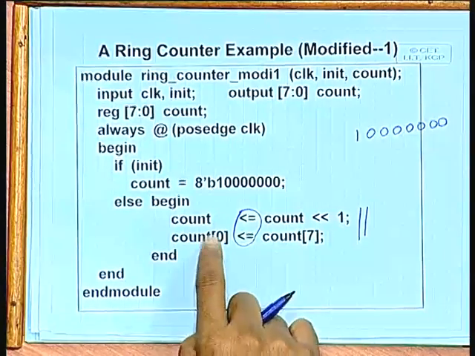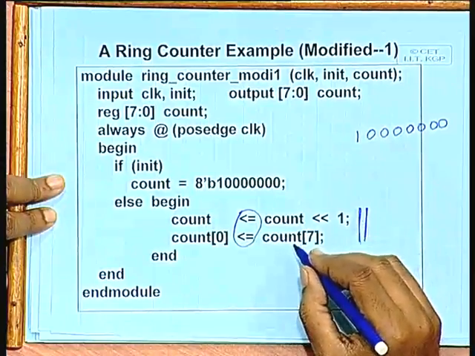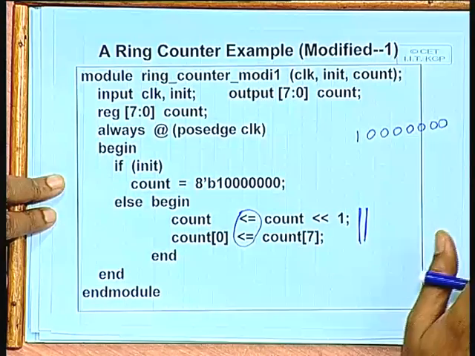So, how can you do the two things together? Possibly this is also not the correct solution. Some simulator or synthesizer may give the correct result, some may give wrong result, because in fact this is one example which gives different results for different synthesizers or simulators.